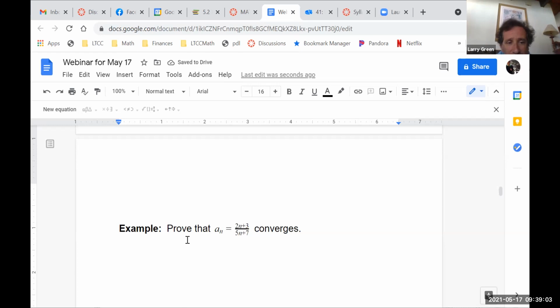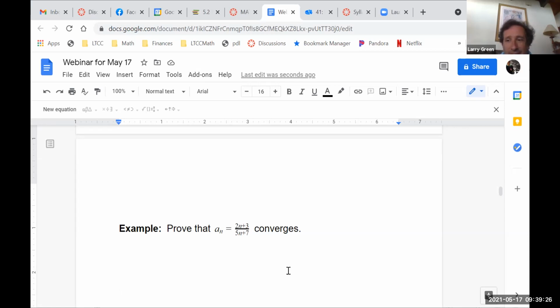All right, so here's an example. Let's see if you can do it. I want you to try. Prove that a sub n equals 2n plus 3 over 5n plus 7 converges. See if you can prove that this is a convergent sequence. I'll give you a minute to try.